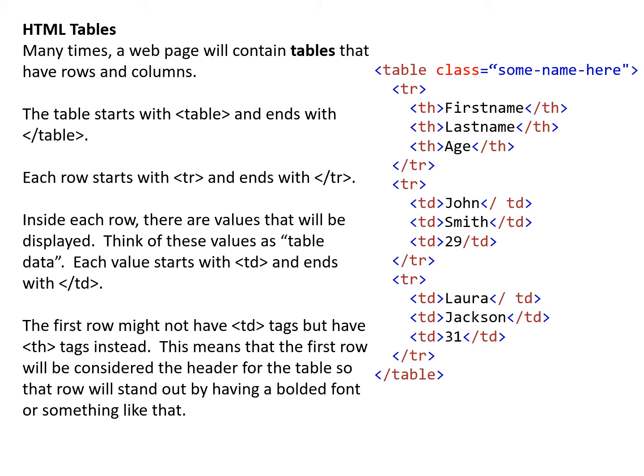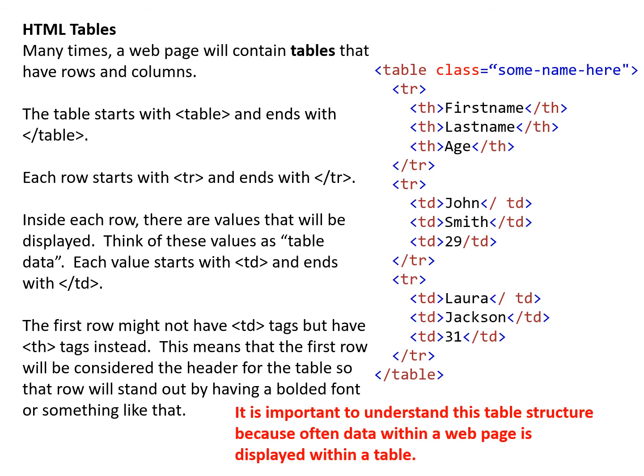It's going to stand out a bit by being bolded, and in some cases we'll have some other different style in there to make that first line look different. But anyway, the reason it has a TH tag instead of a TD tag is that this is our table header. So we're going to have first name, last name, age. That's going to be the first row, and it's going to be bolded because it's the header.